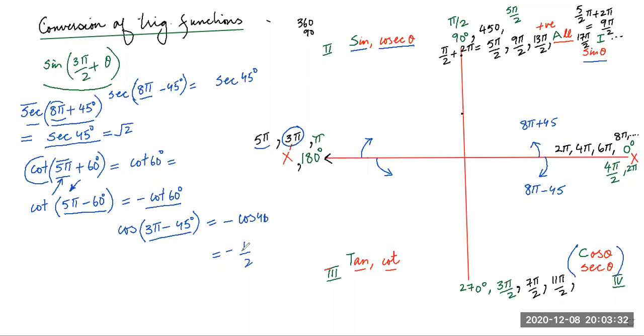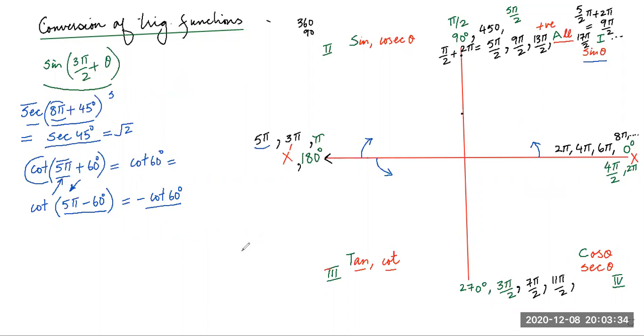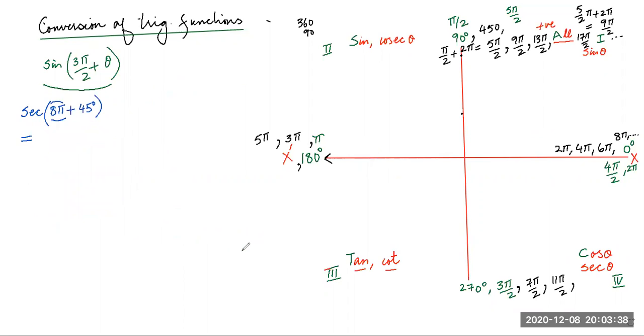Students, we have done all the things on the x-axis. Now let us do the y-axis. Now comes pi by 2. Let's say we have secant of pi by 2 plus theta, where theta is less than 90 degree.